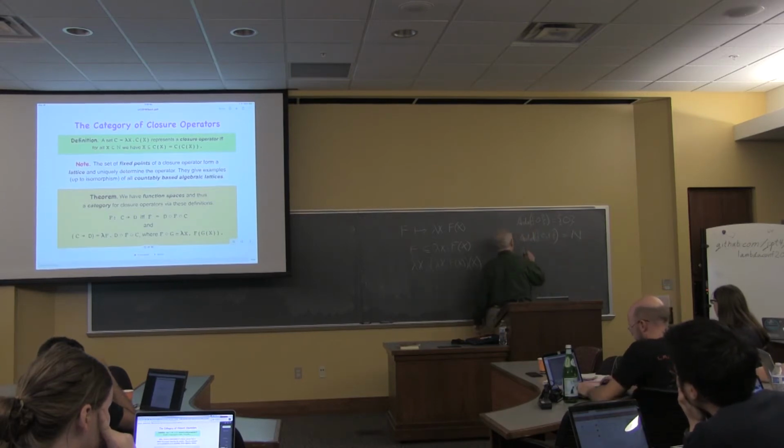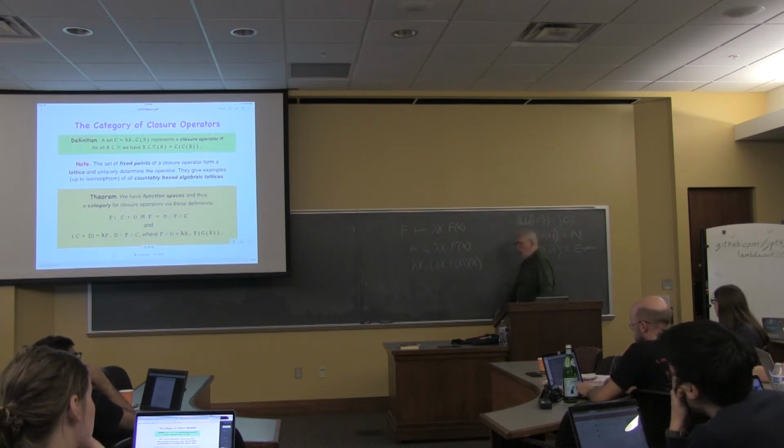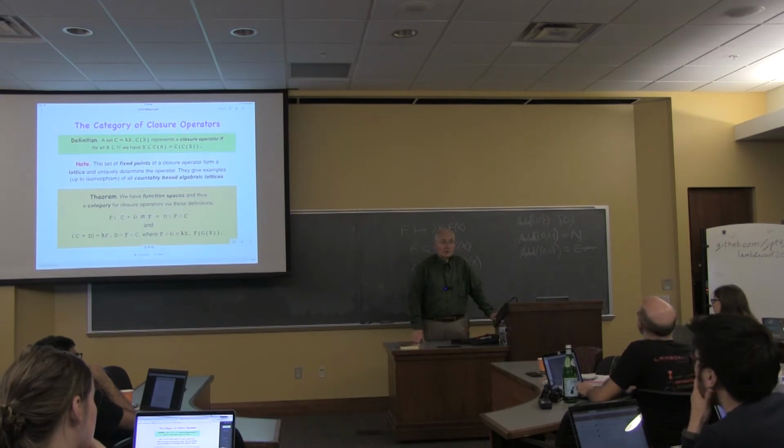But what happens if I close under addition, binary addition here, 0 and 2? Of course, I'm only going to get the even numbers. So there's a whole subspace of closed sets, and many interesting examples come up from logic.